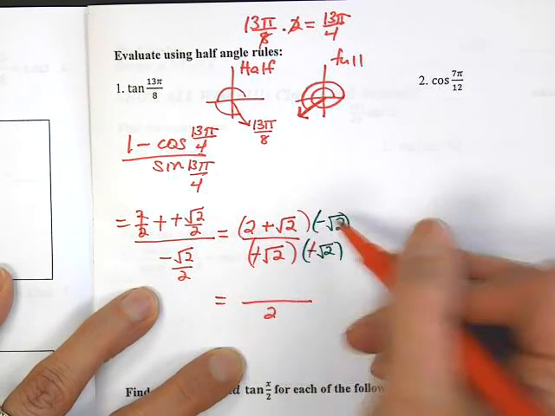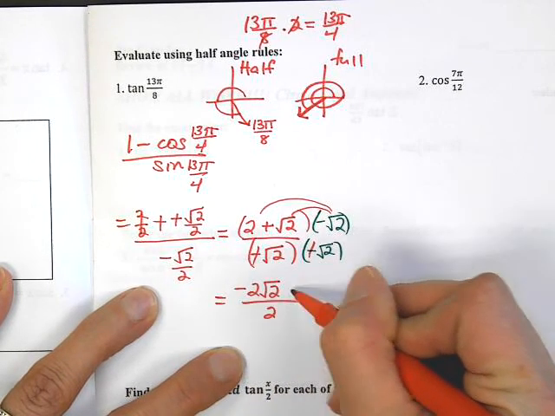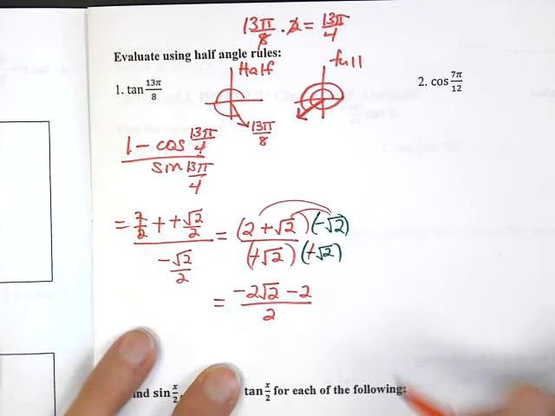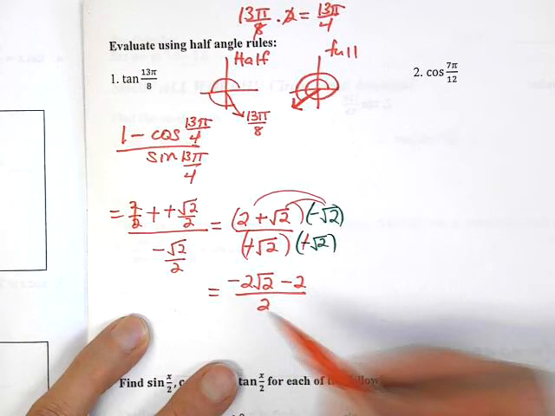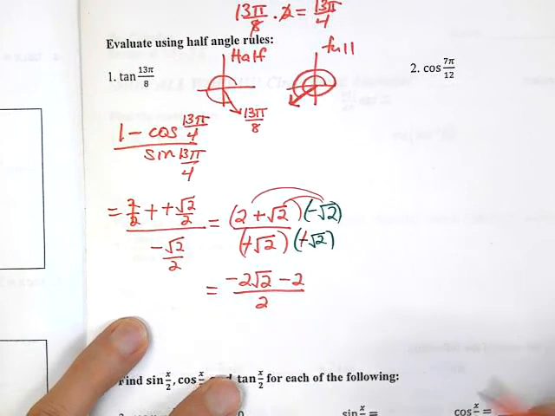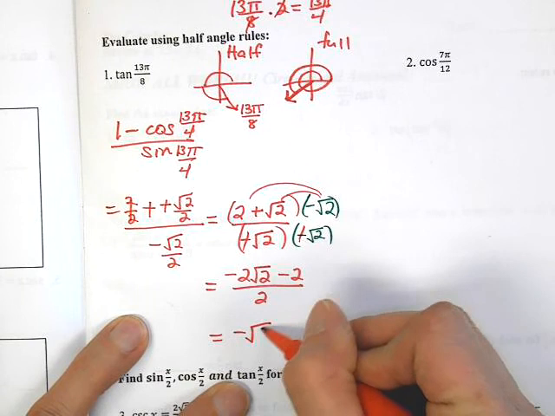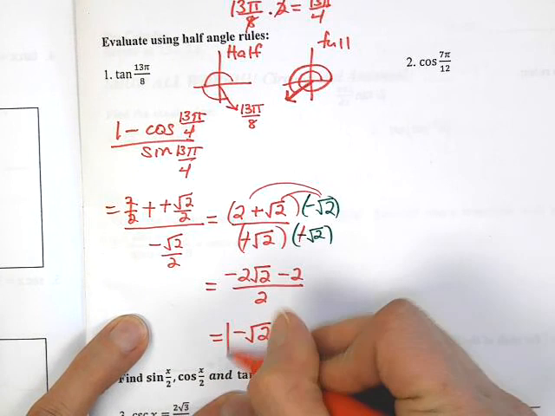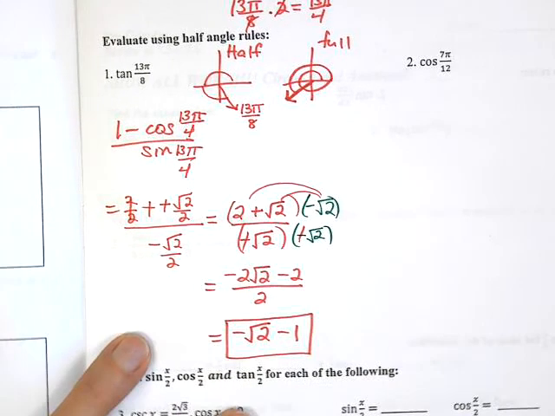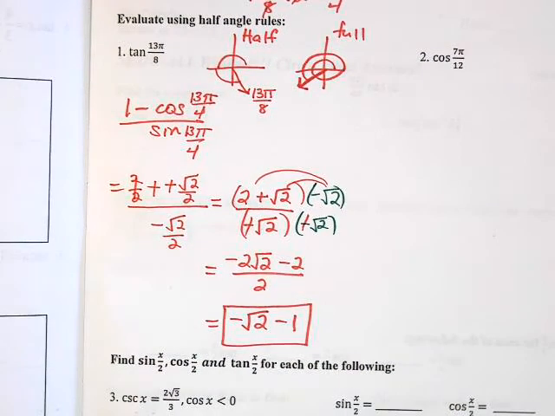And the numerator, distribute, is negative 2 radical 2 minus 2. So who gets divided by 2? The first term or the second one? And the answer is both. So it's going to be negative radical 2 minus 1. There you go. All right, let's do a cosine problem.